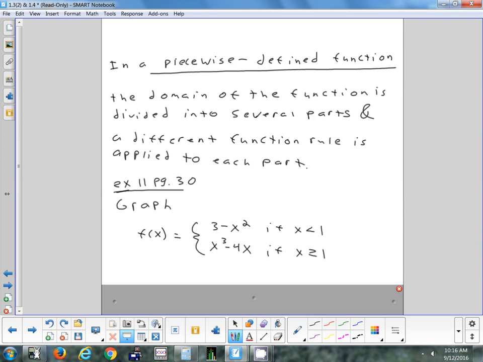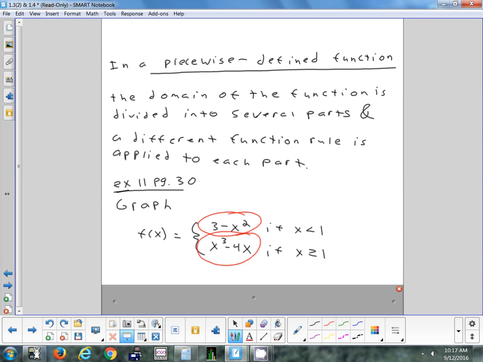Okay, in this example, I've got two formulas, 3 minus x squared and x cubed minus 4x. There's a condition for when to use each formula. If you tell me an x value less than 1, I'm using that formula. If you tell me an x value greater than or equal to 1, I'm using that formula.